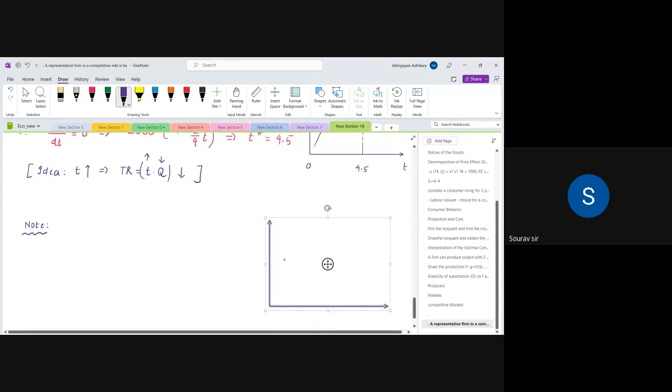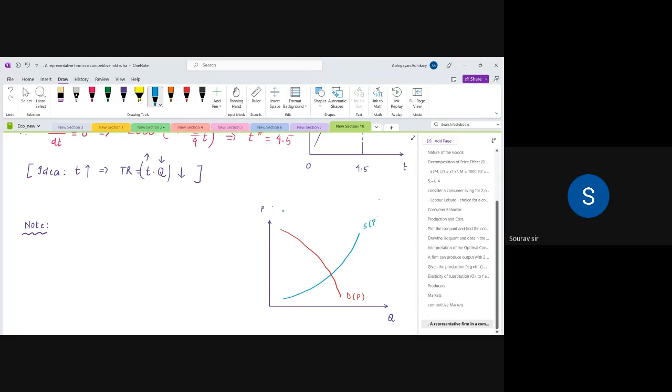Let us say the demand curve is something like this, D of P, and the supply curve is something like this, S of P. In the post-tax scenario, the supply curve parallelly shifts rightwards.